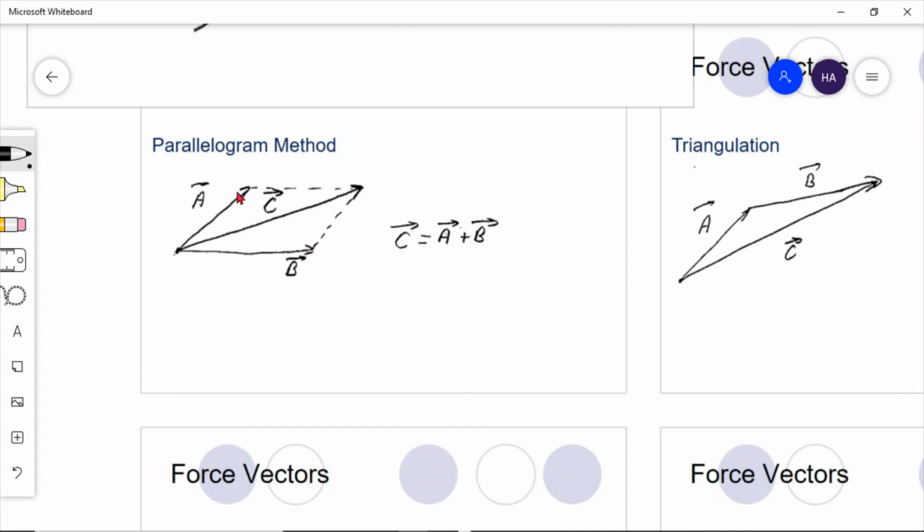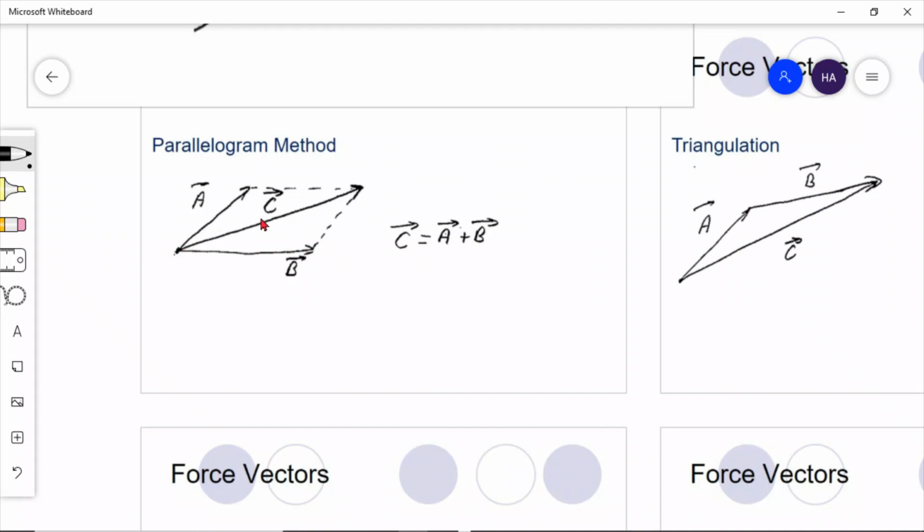So first we draw the first vector A, and then we draw the second vector B, and then we draw a line which is parallel to vector B and a line that is parallel to vector A, and then we draw a line from the point where the two vectors are intersecting each other to the other vertex of the parallelogram.